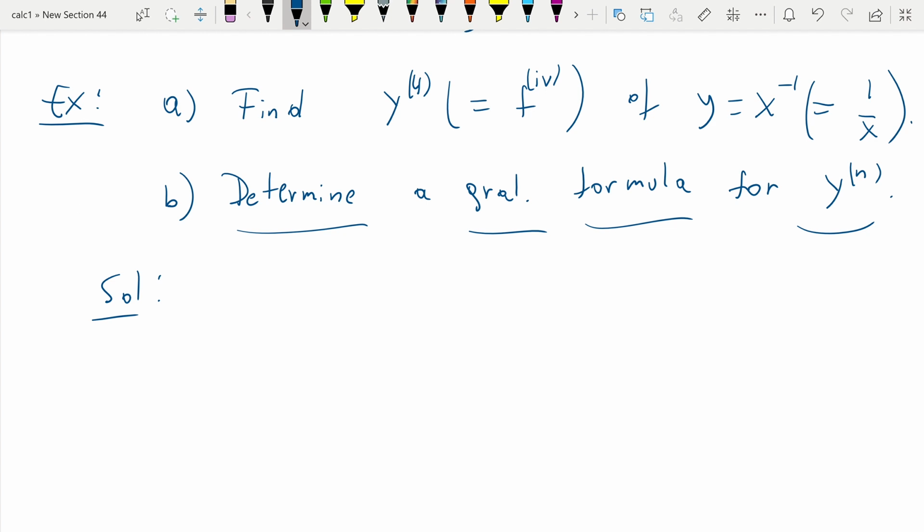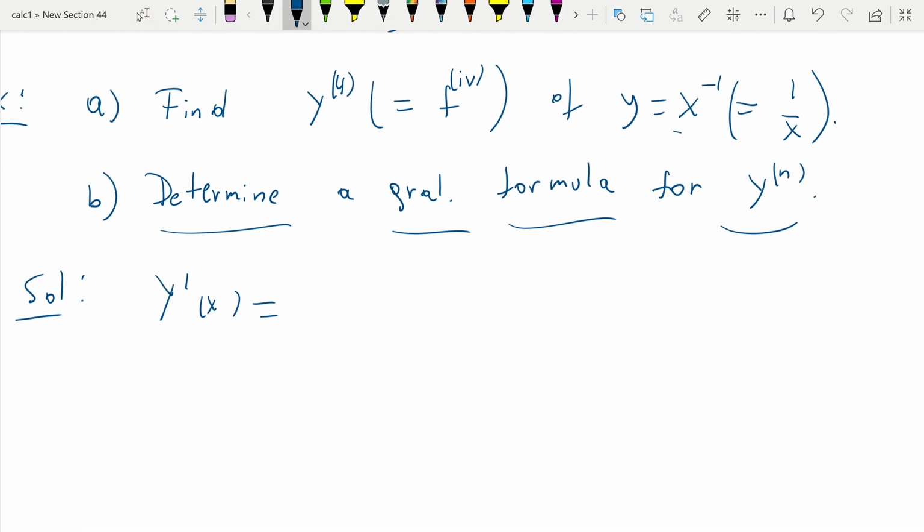So the solution, y prime of x. Remember, if you write it in this way, as x to the minus 1, we can apply the power rule. And we get minus 1 times x to the minus 1 minus 1, so it's minus 2. Now, y double prime of x is, we'll multiply minus 2 times minus 1, so we get 2 times x to the minus 2 minus 1, which is minus 3.